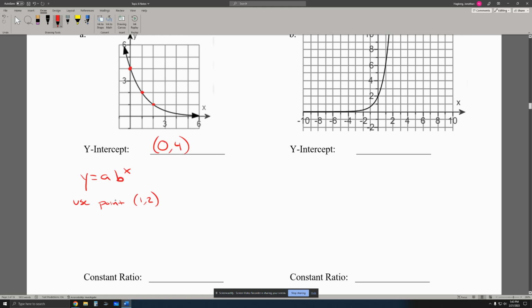So if we plug in 2 for y, we plug in 4 for a, and then we plug in 1 for x, then we get 2 is equal to 4 times b to the 1, which is just b, so 4b. And then dividing both sides by 4, we get b is equal to 2/4 or 1/2. So therefore, our constant ratio is 1/2.